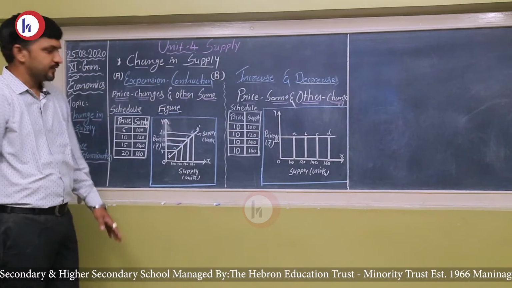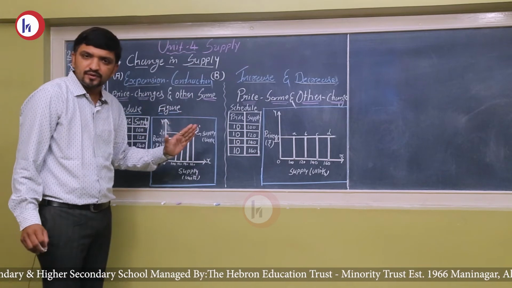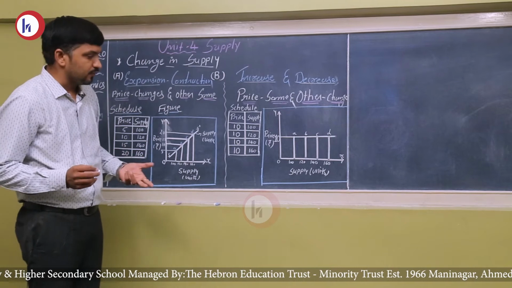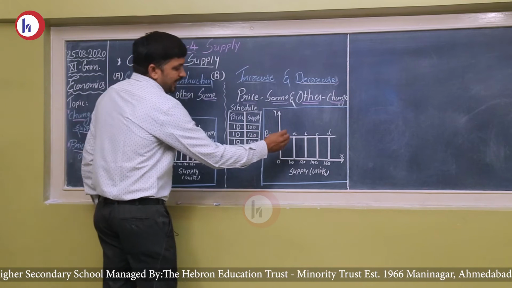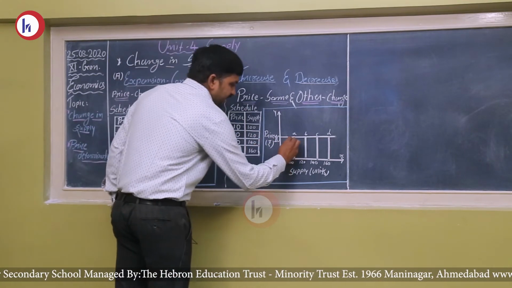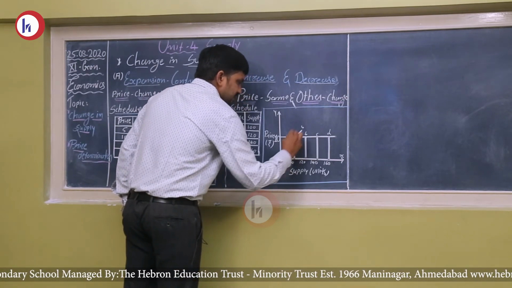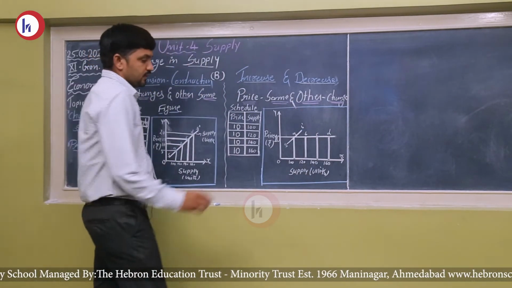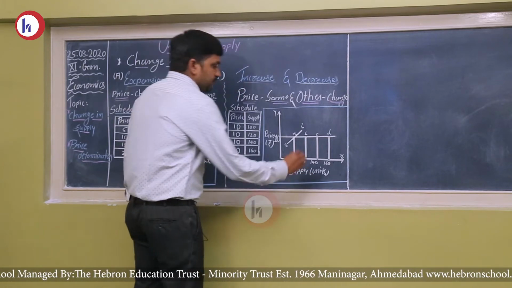Now see, supply curve is positive sloped, so here also a supply curve is to be drawn. But how? Because the price remains same. So yes, we can draw that when price of the commodity was 10, quantity supplied was 100. So S dash. Price is still 10, commodity supplied is 120.